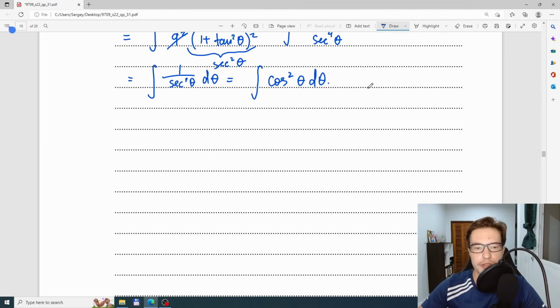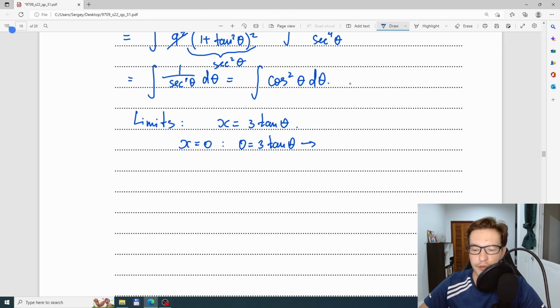So now let's sort out the limits. Our original integral was from 0 to 3. And the substitution we had to use was x equals 3 tangent theta. So when x equals 0, we get 0 equals 3 tan theta. Therefore, theta is equal to 0.